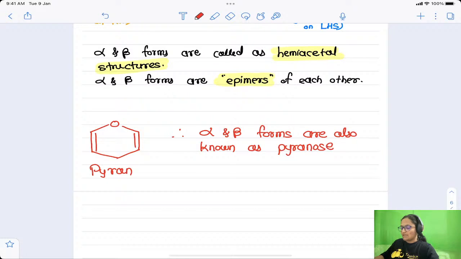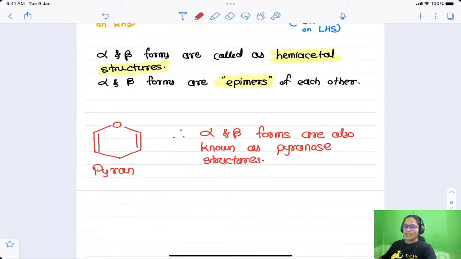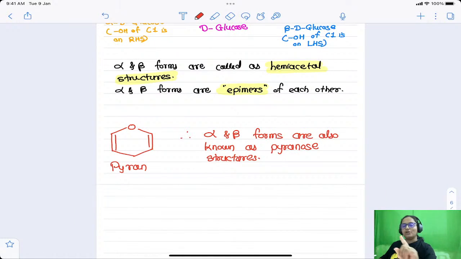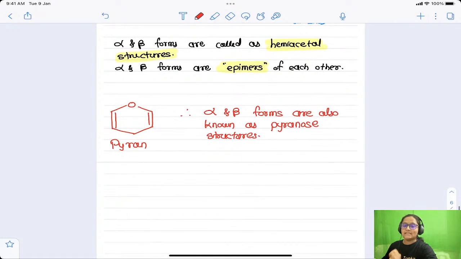Pyran-like structure, just like pyran. 5 carbon atoms, 1 oxygen atom, pyranose structure, right? Do you understand that? The alpha and beta forms of glucose, as they contain 5 carbon and 1 oxygen atom, a total 6-membered ring, are also called pyranose structures. Remember, pyranose, that is similar to pyran.